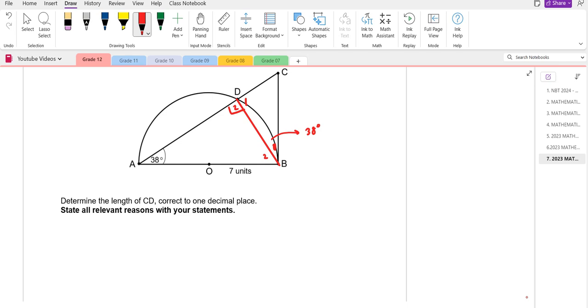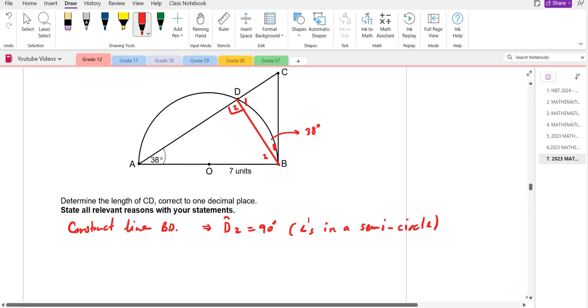So we're going to say construct line BD. This implies angle D2 is 90 degrees. Reason, angles in a semicircle. Then we can use the angle and the radius.